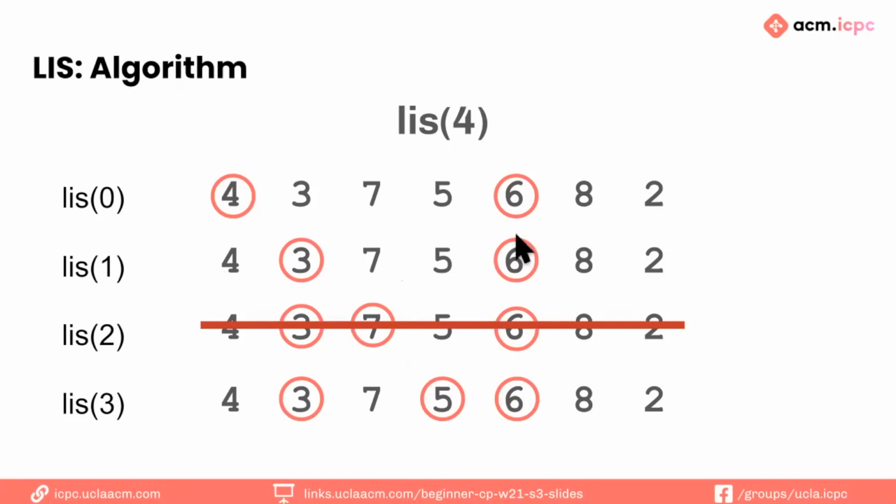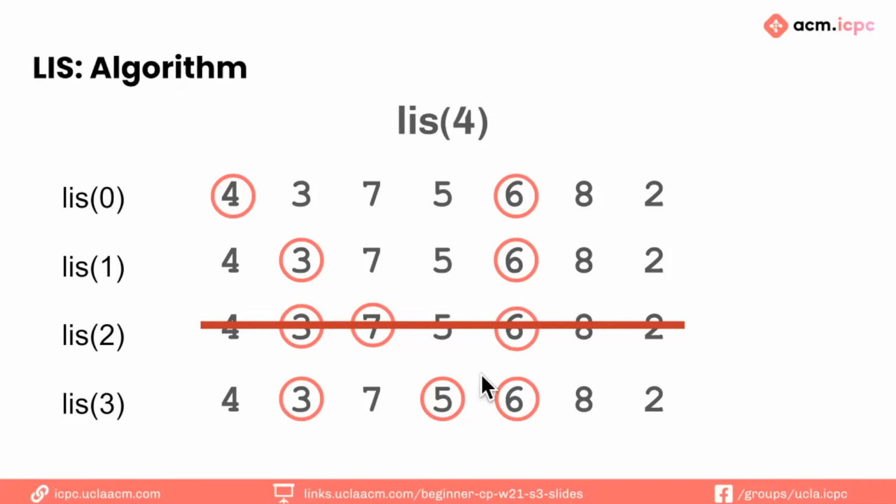But all the other numbers turn out to be less than 6, which means that any increasing subsequence that ended in 5 can be combined with the number 6 to create an increasing subsequence of length greater by 1. And so what we see here is that these 3 are all possible increasing subsequences.